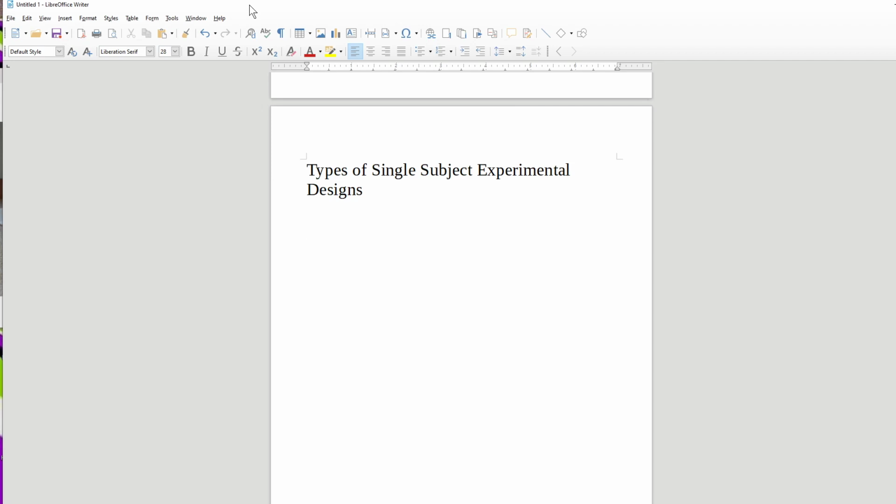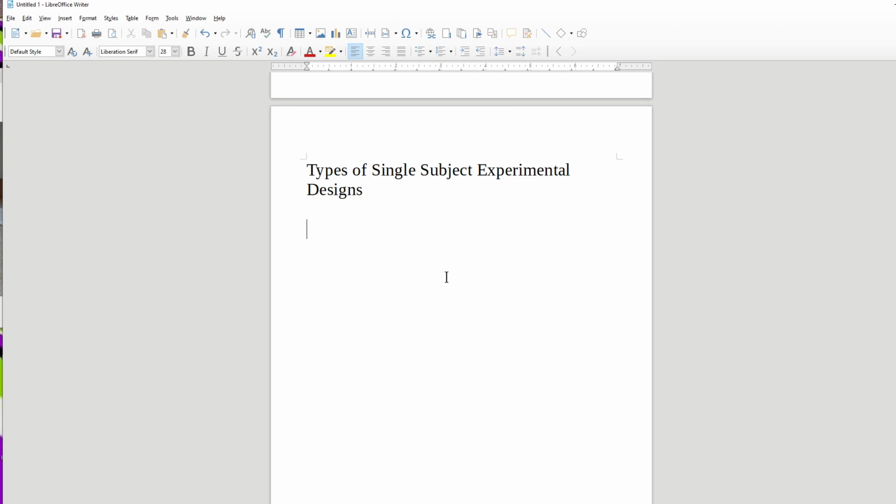We talked about the 4 quasi-experiments, but that's the way it's going to be with these single subject experimental designs as well. So as I go through these designs, what you need to keep in mind is, could I identify this sort of design from a description? And I'll try and give you, just like I did with the quasi-experiments, specific things to look for that'll help you to identify these designs.